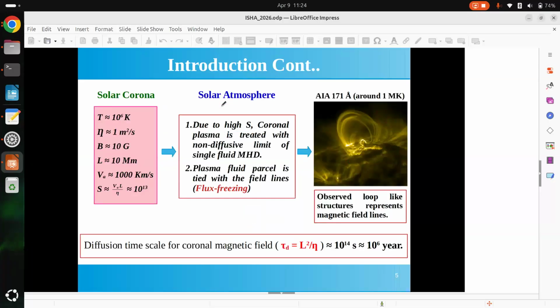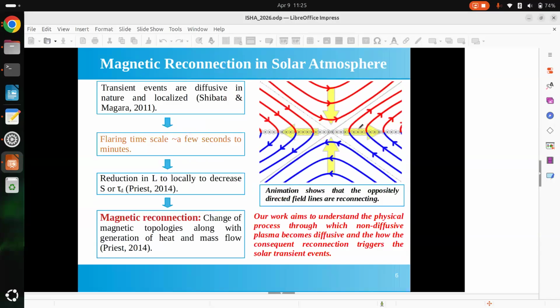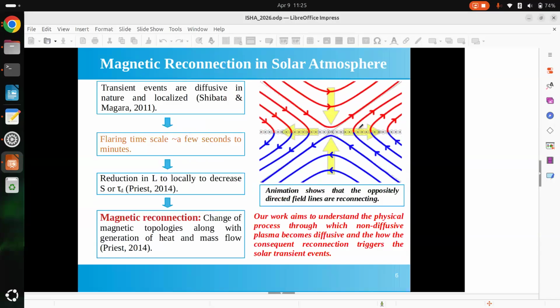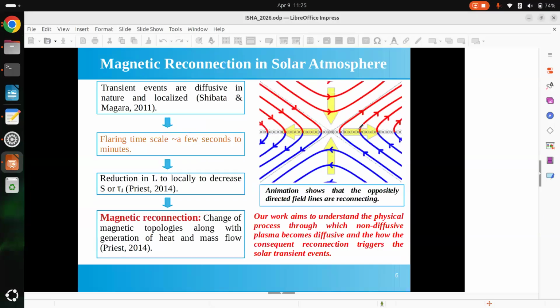In the basic introduction, when we talk about the solar corona, due to the high Lundquist number, the flux freezing condition is imposed in the solar corona. So the observed loop-like brightenings are inferred as magnetic fields. Since we are modeling the solar corona as a near-ideal plasma, the diffusion time scale will be large.